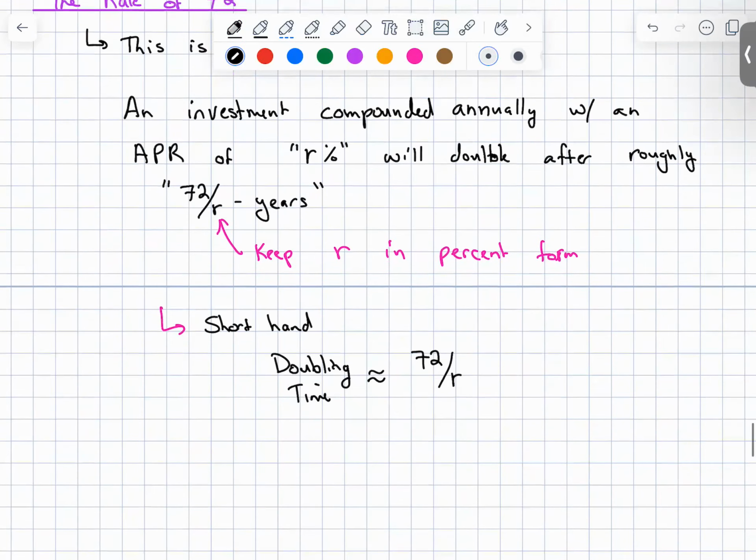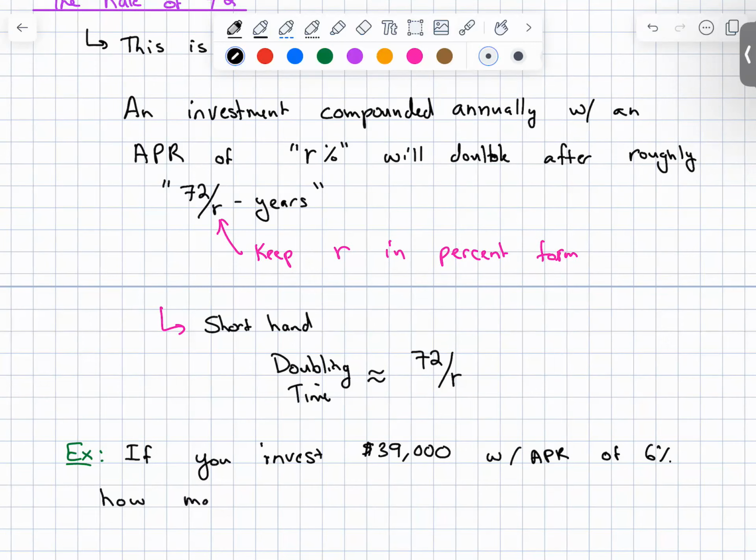See here, as an example, if you invest $39,000, who has that much money to invest, but whatever, with an APR of 6%, how many years until it doubles?